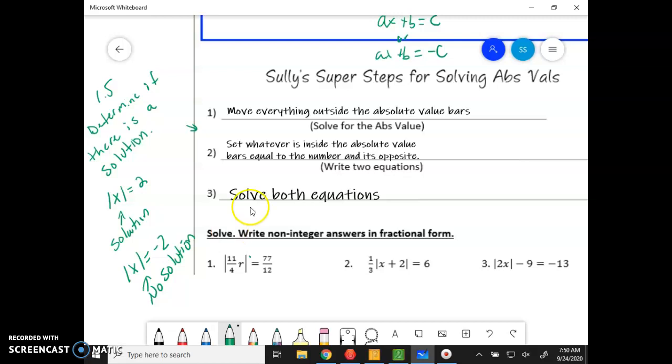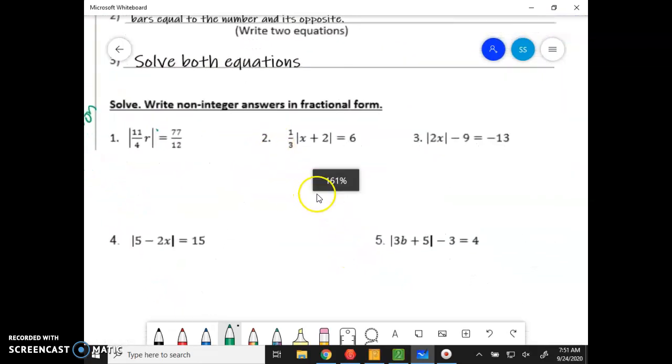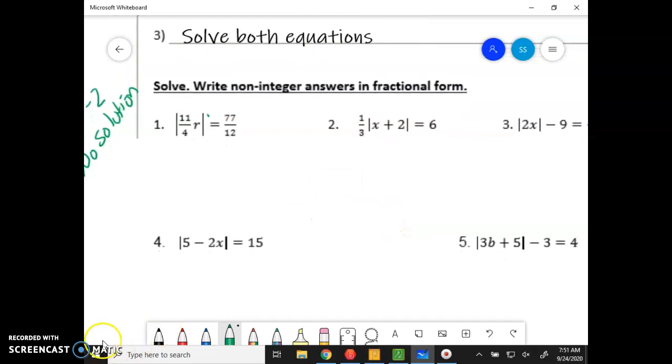All right, then after we set whatever is inside the absolute value bars to the number and its opposite, we're going to solve both equations. So let's just start looking at these and following our steps here. Number one, following the first step, move everything outside the absolute value bars.